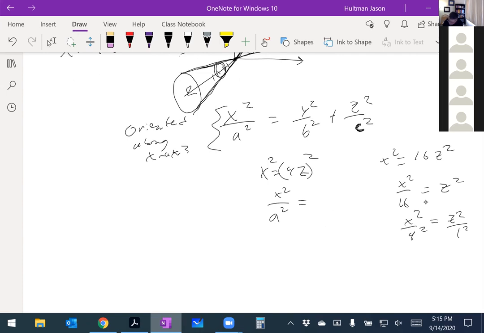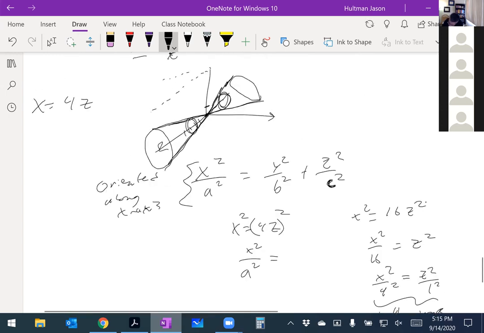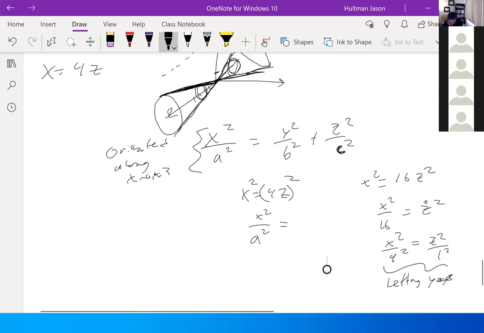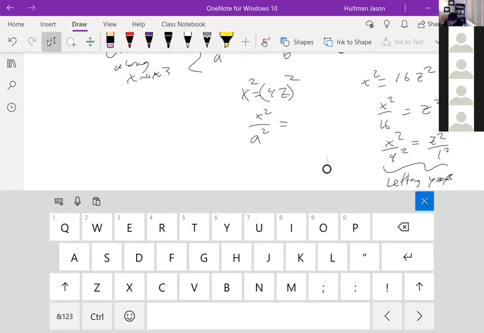If you let y be 0, along this axis, the problem is that y is not always 0, so we'll get to that in a second.